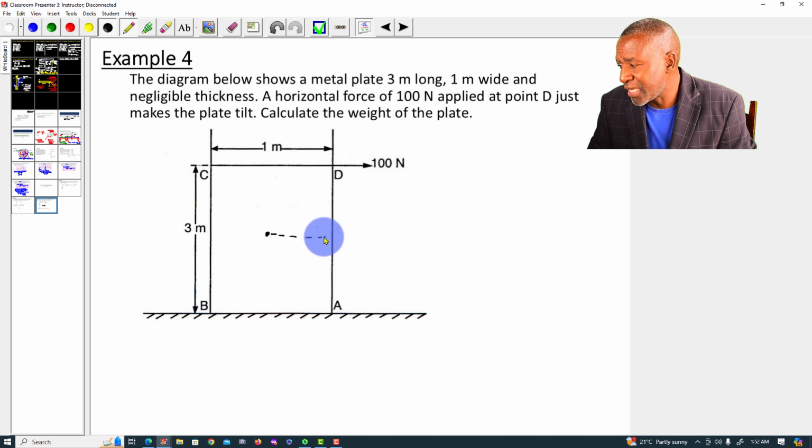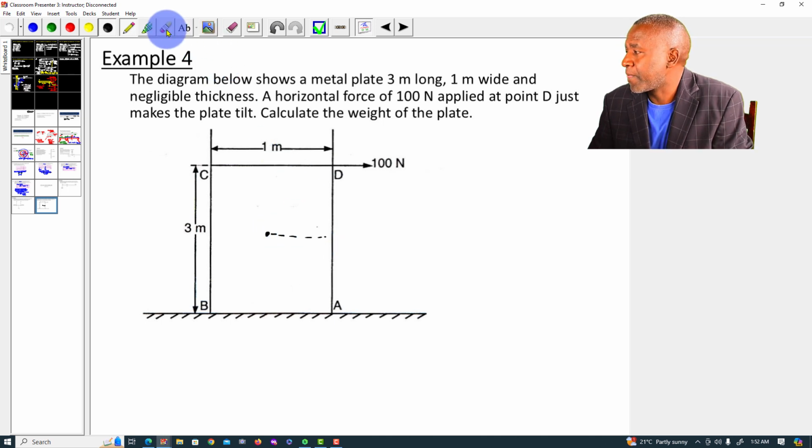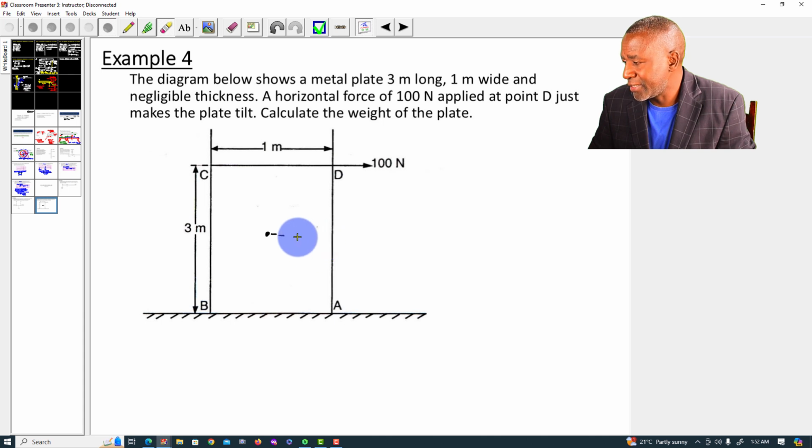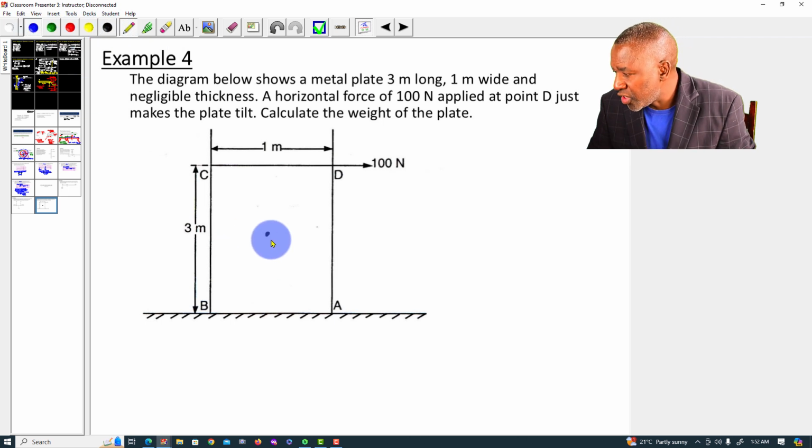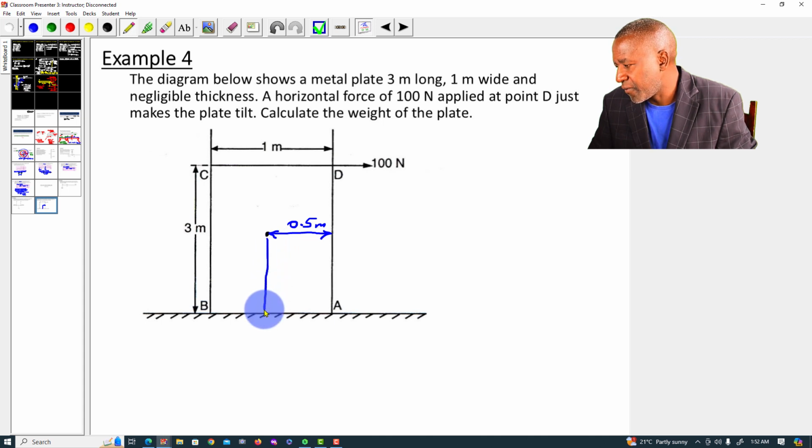So let us say that this distance here, let me just draw a solid line. Solid line is much better. So this distance here, this other distance here is 1.5 meters.